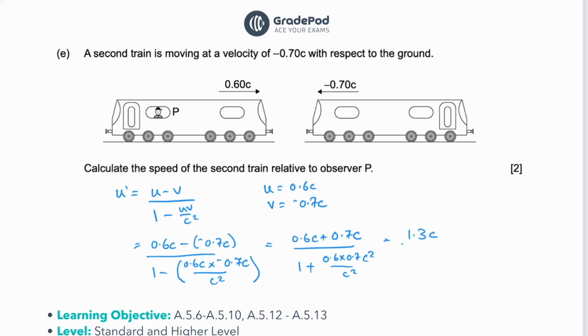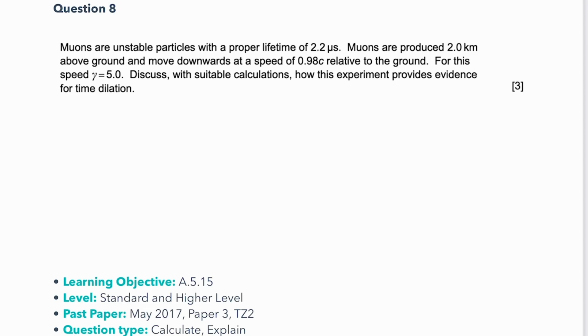So 1.3 c over 1 plus 0.42. So it's 1.3 c over 1.42, which gives us 0.92 c.